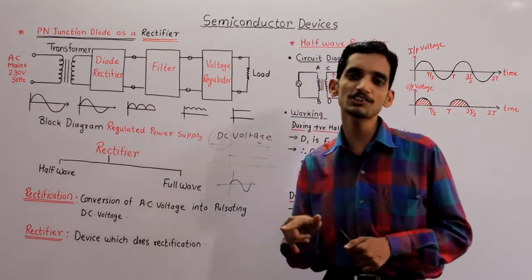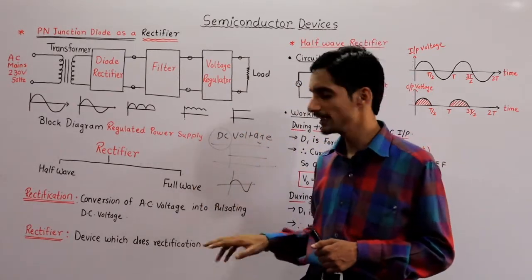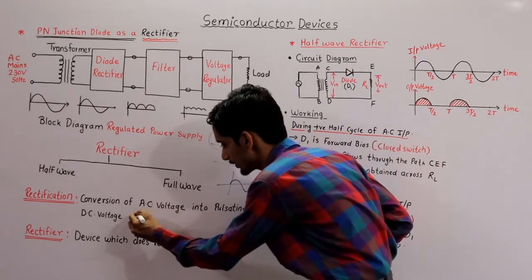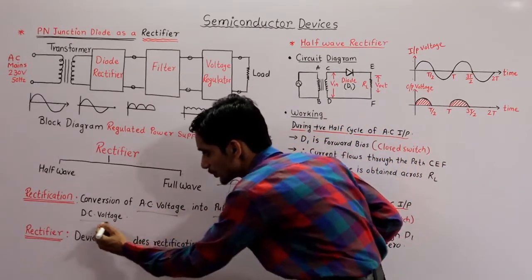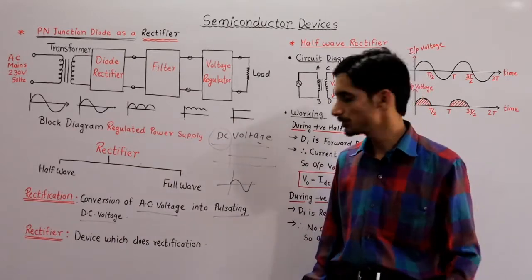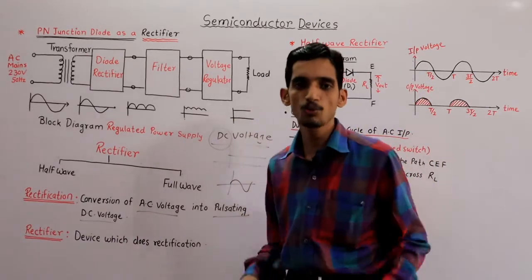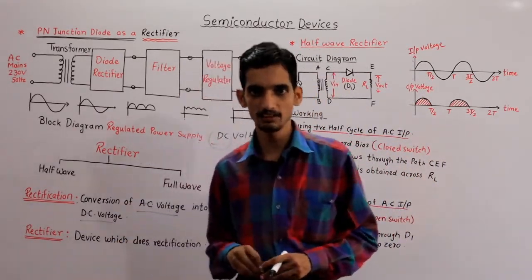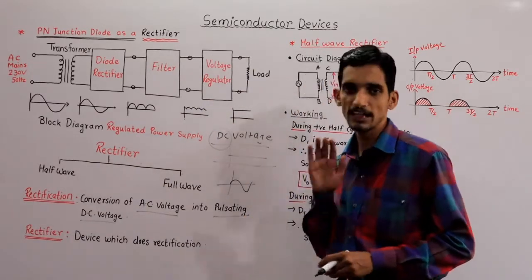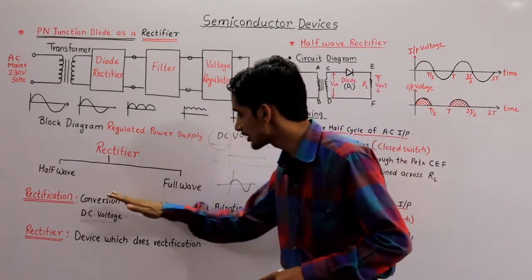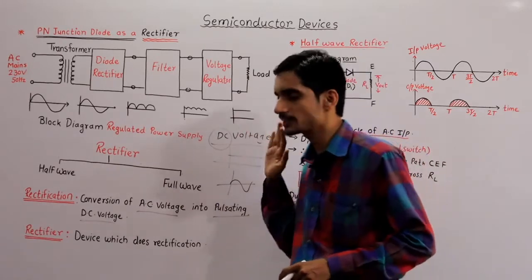Rectification is a process in which AC voltage is converted into pulsating DC voltage. What this pulsating DC means, we will discuss in great detail, but for the time being, remember the conversion of AC voltage into pulsating DC voltage.